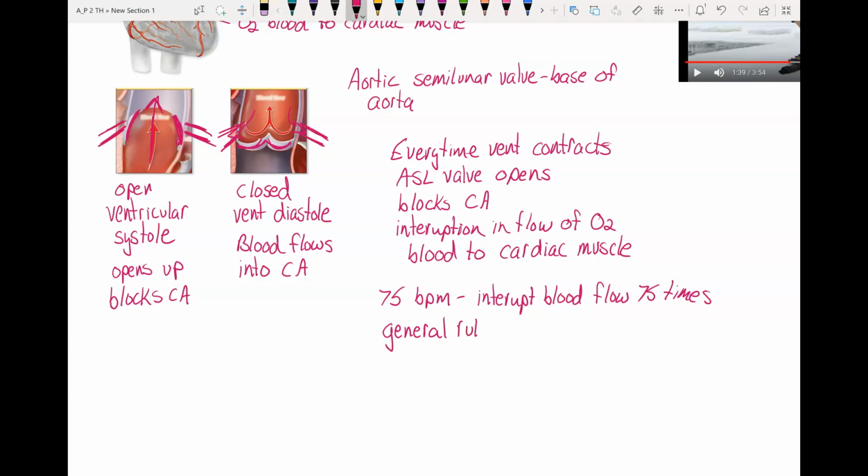But in general, just to give you a rough idea, your maximum heart rate is 220 minus your age. So if you are 20 years old, you could safely get your heart rate up to 200 beats per minute. Right? And the older you get, the less of the heart rate you can handle.